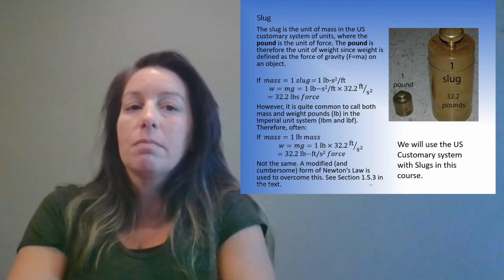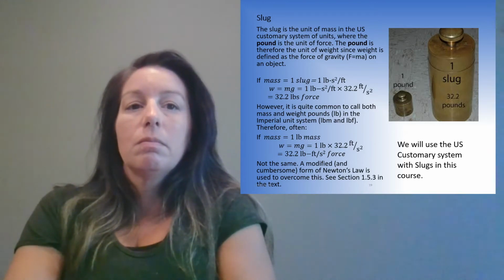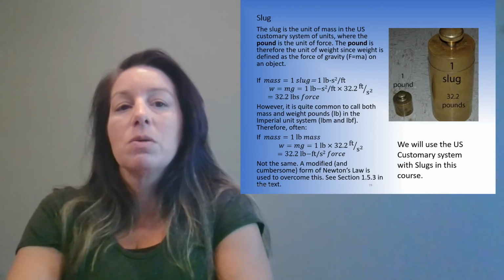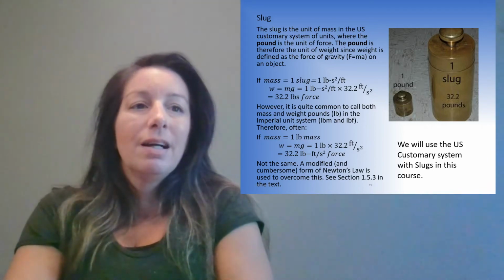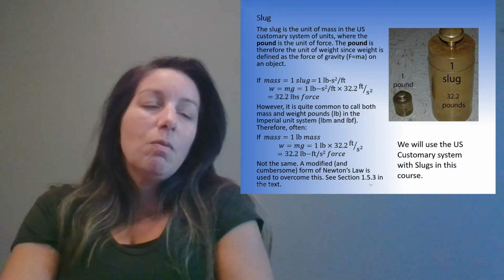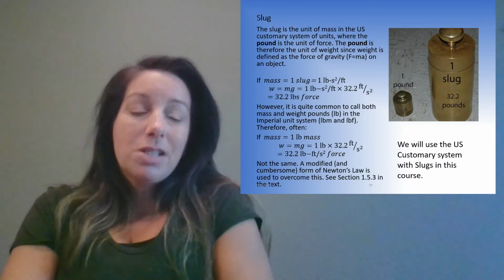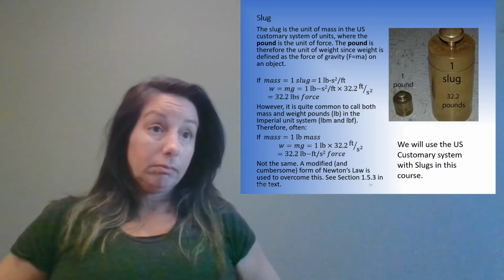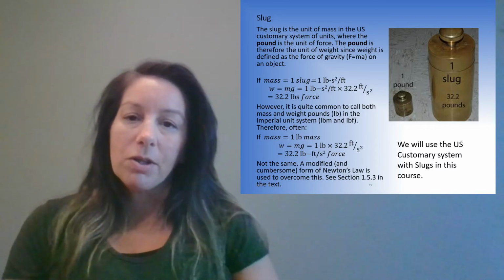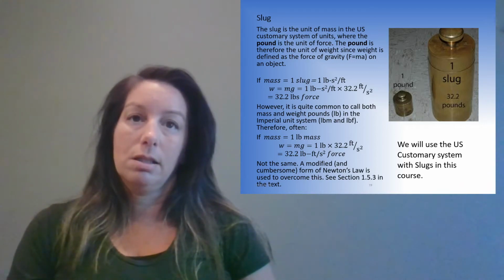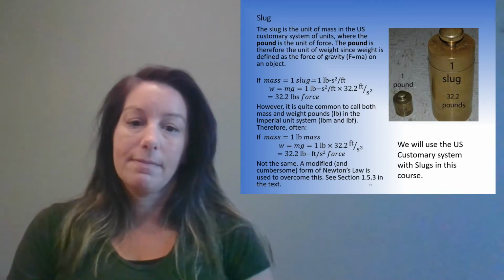It's not the same. There is a modified and cumbersome form of Newton's laws to overcome this. So what's the point of this? Generally, we're going to be using metric, if I can help it. But if you do see a slug, it is the mass, okay?